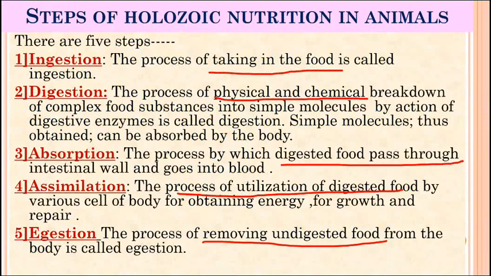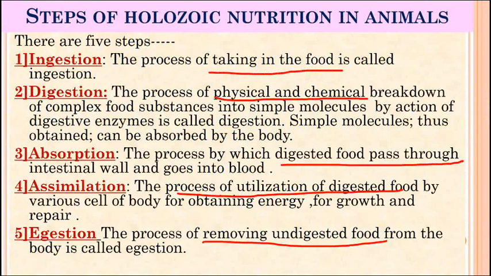Now, ingestion stands for eating of food by animals. It is the process of intaking food by the animal through different organs in accordance with body design. It is the first step of nutrition in animals. Next is digestion. Digestion is a process in which complex food material is broken down into simpler soluble substances with the help of enzymes, that is, the digestive enzymes.